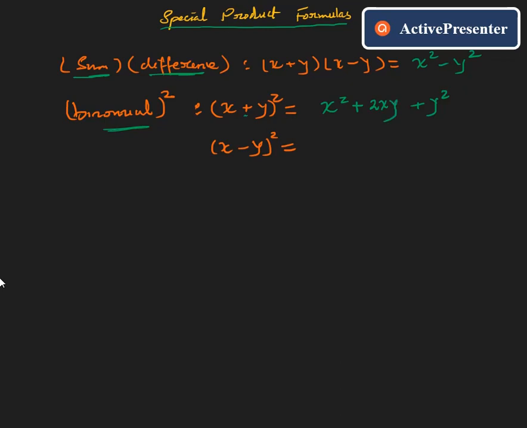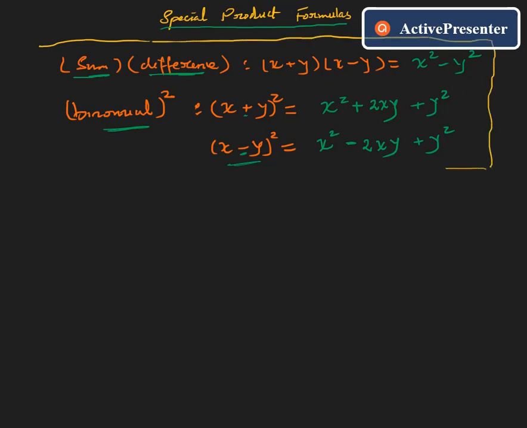Also, if we have x minus y all raised to the power square, the same, x square here, and here we have plus y square, and the sign in the middle we put, and the middle term is 2xy. So these are the special product formulas that you have to memorize.